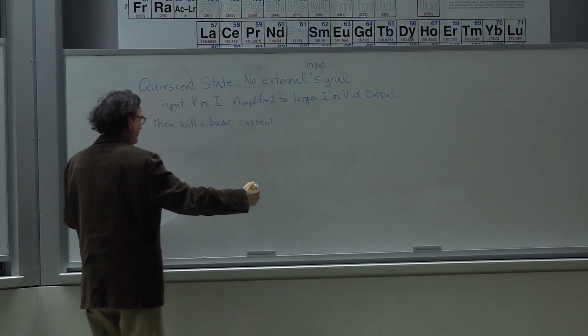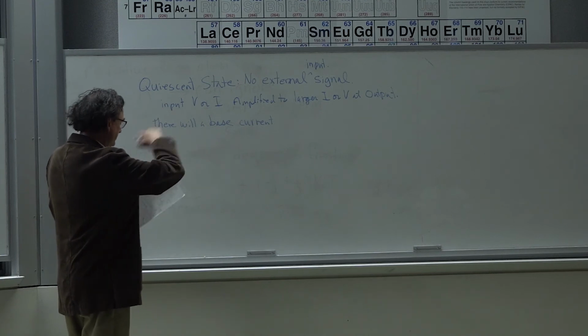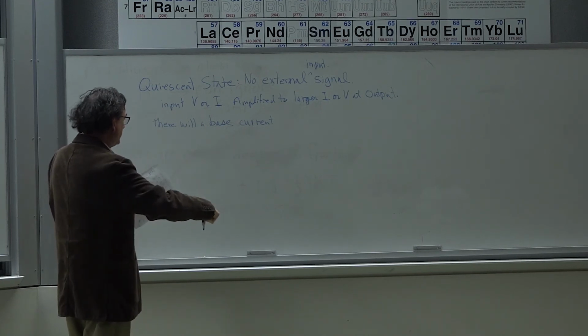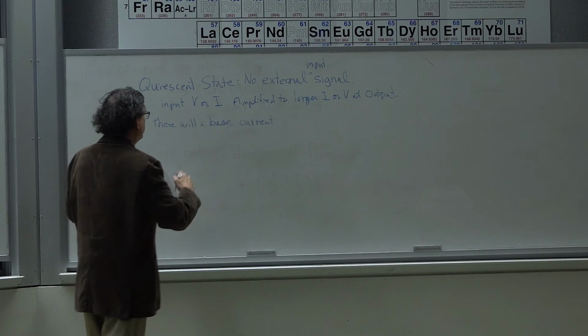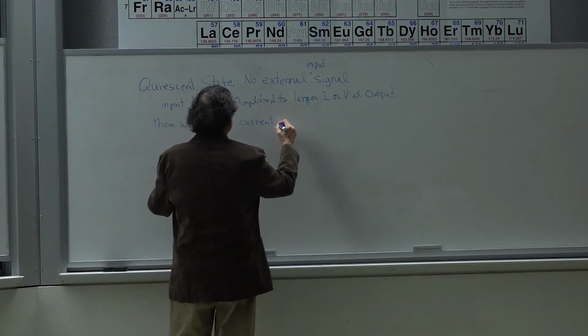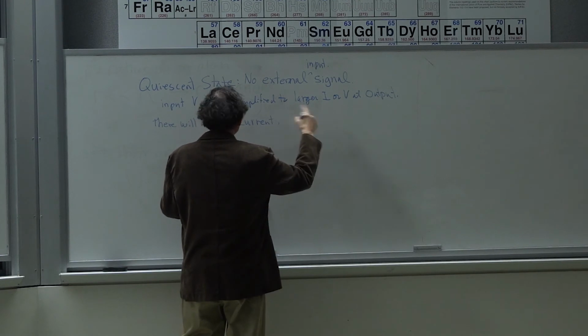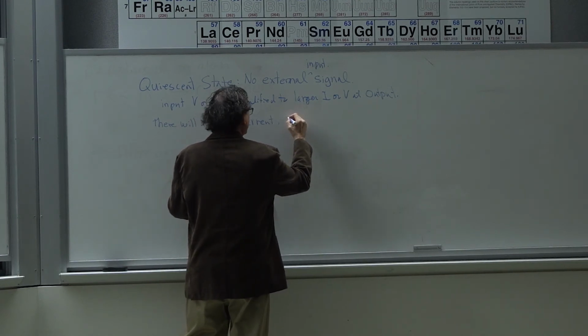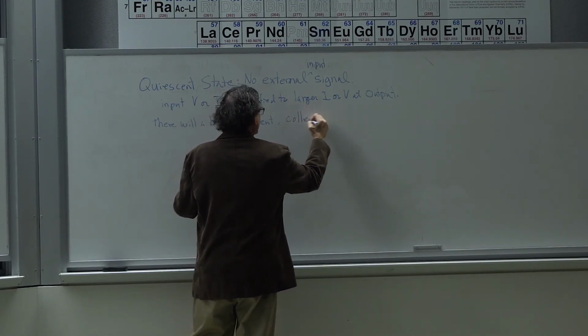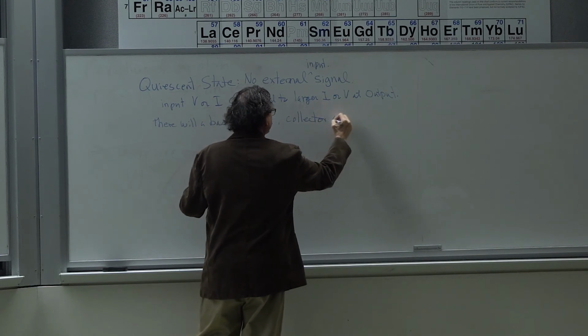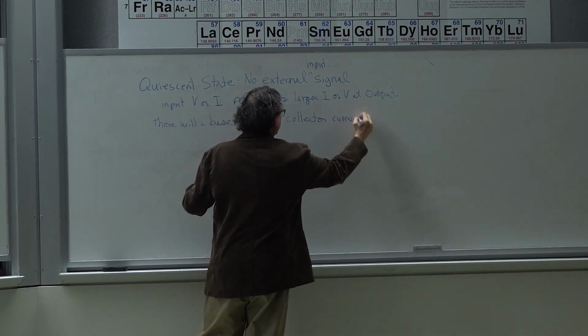So remember, one loop of current in the base is the closed loop on the left, and the closed loop on the right is where the collector current flows. So we have a base current and a collector current, two loops of current.